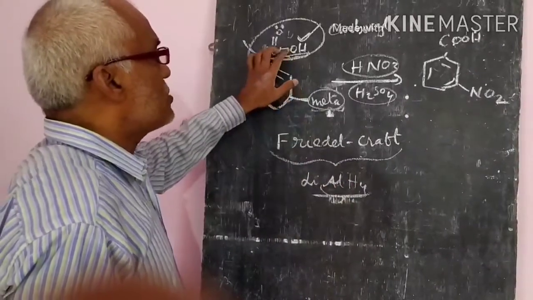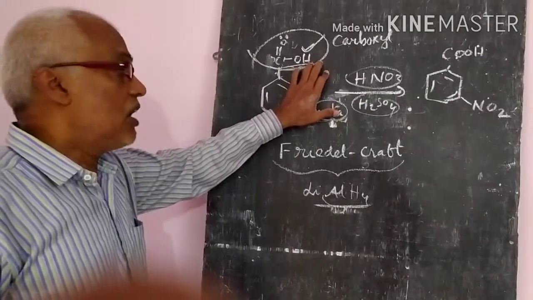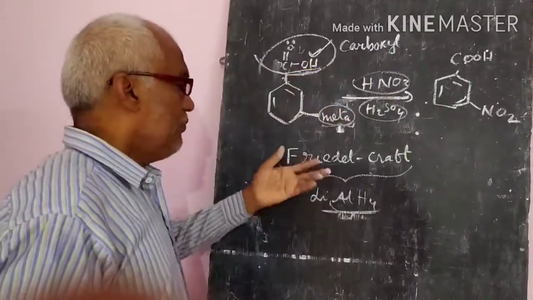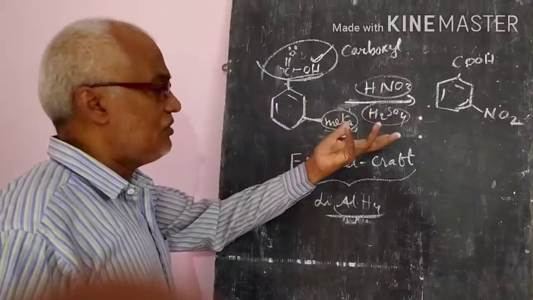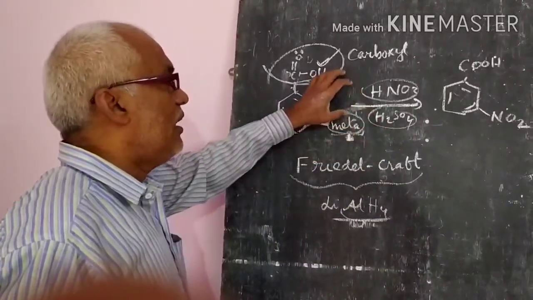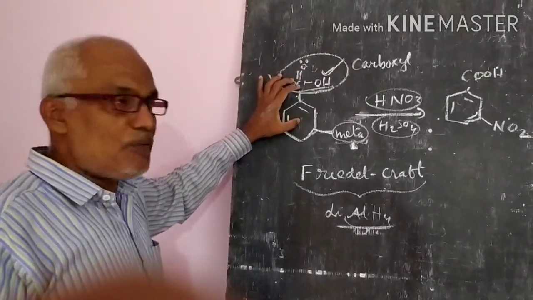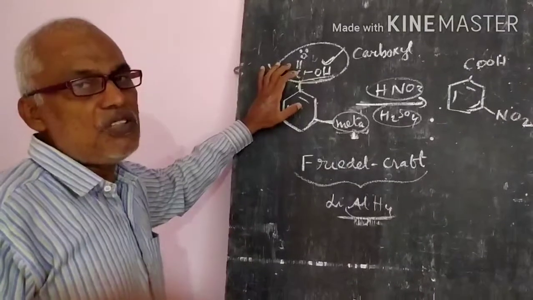It forms a salt with the carboxyl group. If a salt is formed, no reaction will take place. So that is why Friedel-Crafts reactions do not occur in aromatic acids. So remember, this reason is the most important.